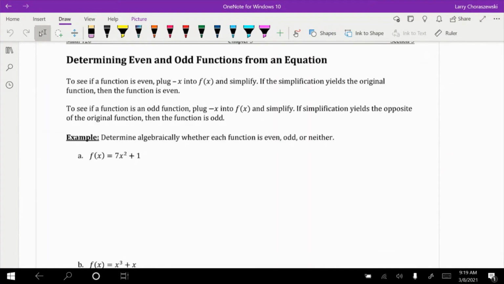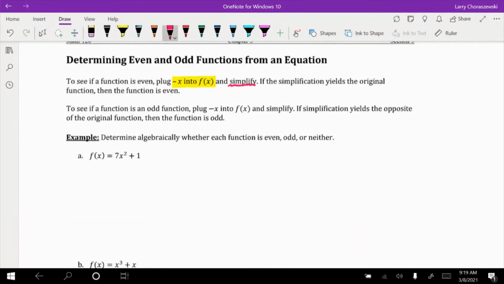But you may recall that when we were testing an equation for symmetry, we had to plug some negative variables into the equation. And so you can use that as a frame of reference for when we establish whether or not a function is even or odd algebraically. To see if a function is even, we plug negative x into the function f of x, and then we simplify. And here's what we're looking for after we simplify.